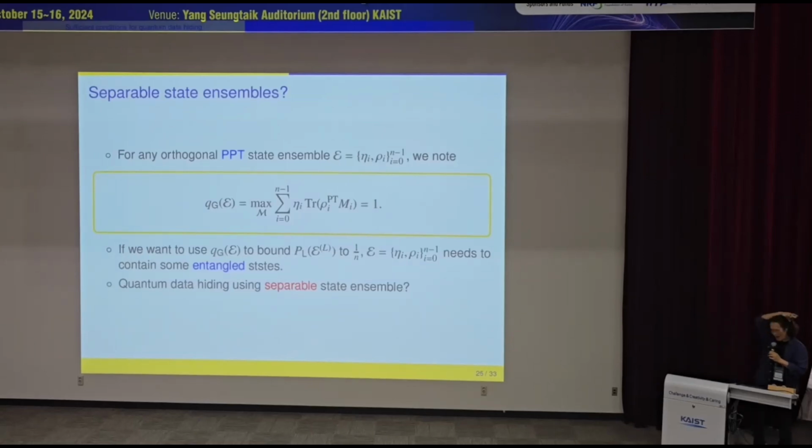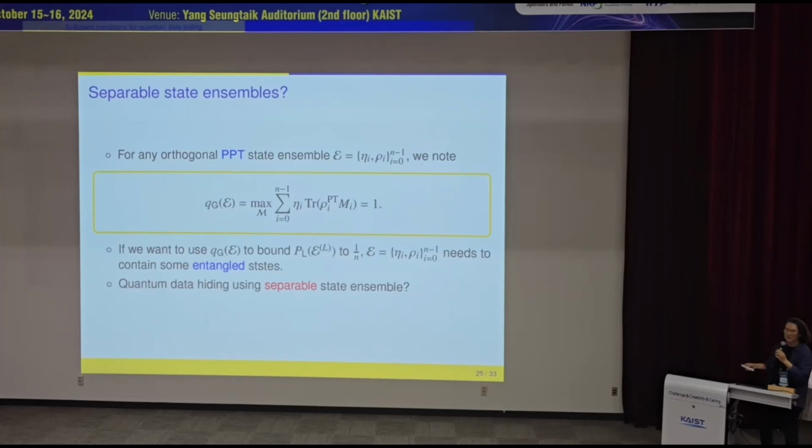Right, so far we talked about the quantity Q_G to randomize this P_PPT. However, if the state ensemble consists of orthogonal PPT states, then we can easily see that this Q_G is always 1. Because if the state here, rho_I, is PPT, then after the partial transposition it's still a state, and the orthogonality is not changed under partial transposition.